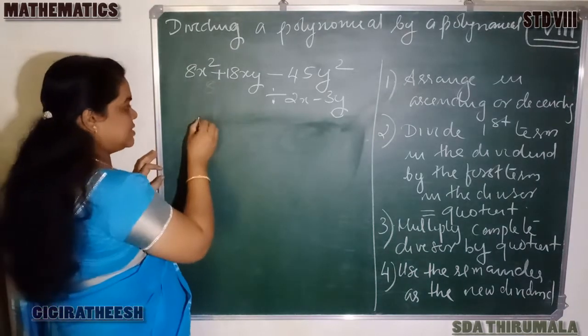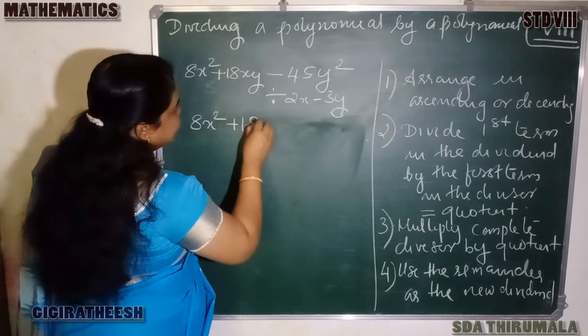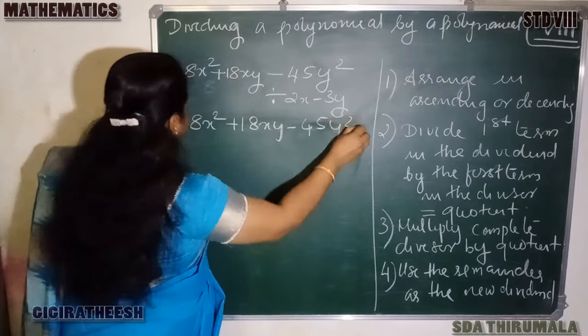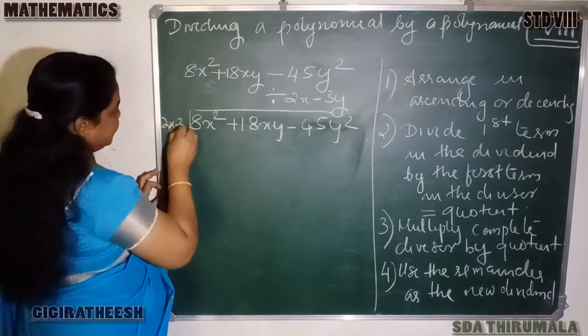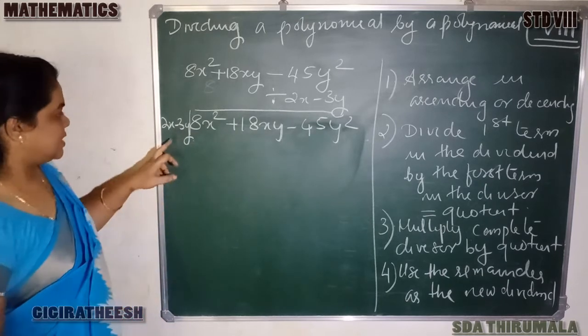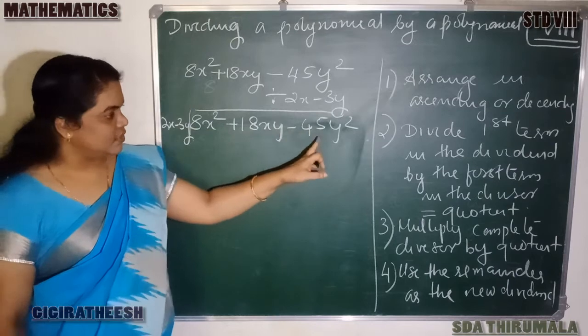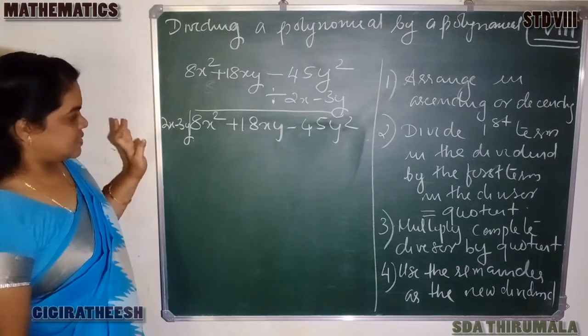First, we can write it as 8x square plus 18xy minus 45y square in the form of division, that is divided by 2x minus 3y.